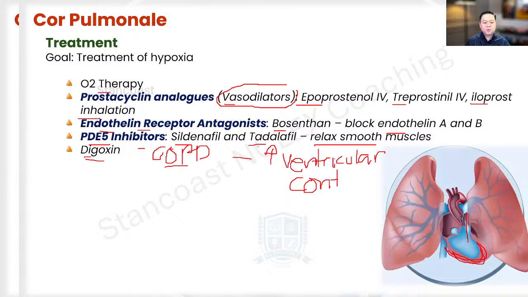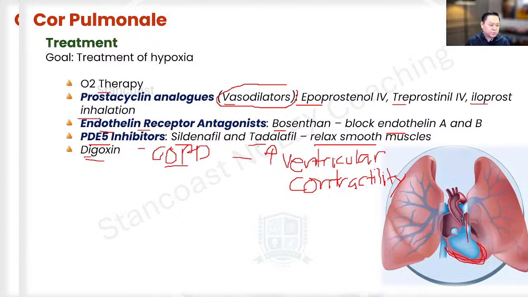So this is also what we refer to as the positive inotropic effect. Contractility. Let me erase that. Okay, contractility. Again, this is what we call the positive inotropic effect.